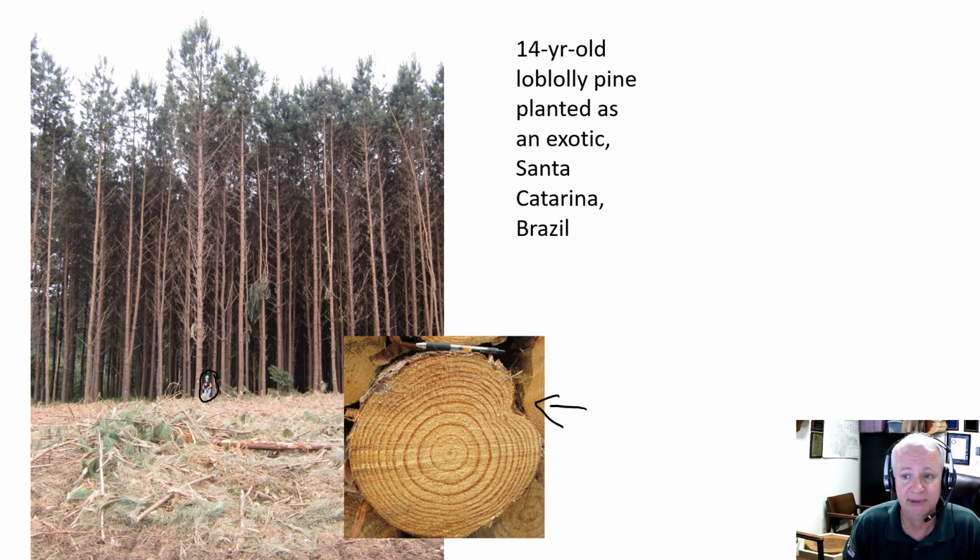In fact, probably more volume production in these Loblolly Pine stands than in its native range. So sometimes exotics can grow more productively than they do in their native range. That's actually still a big ecological question, is why do exotics sometimes grow more rapidly outside their native range than in their native range? And there's some interesting hypotheses related to those that I'm not going to go into right now.